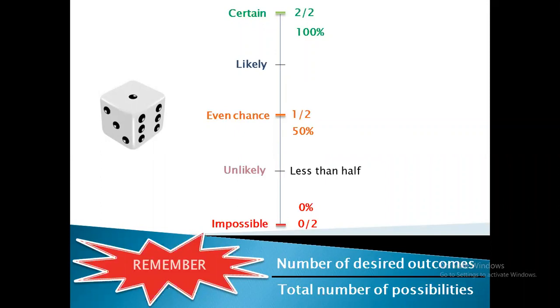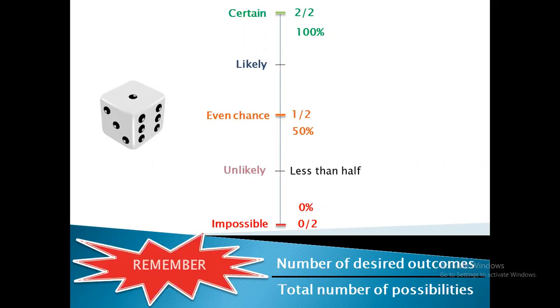If I say 9 over 10, it's also going to be likely. If I say 1 over 10, well, that doesn't make it impossible. 0 out of 10 is impossible, but 1 out of 10 is going to be unlikely because it is less than a half.